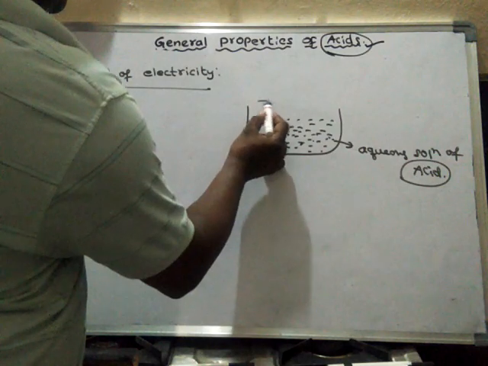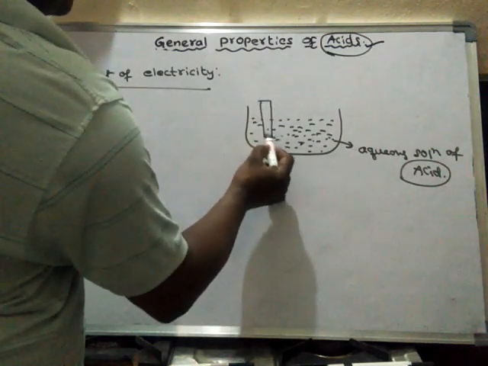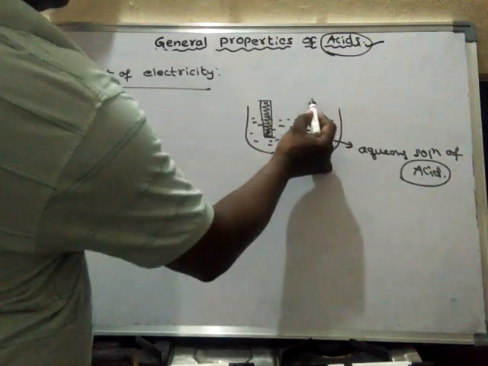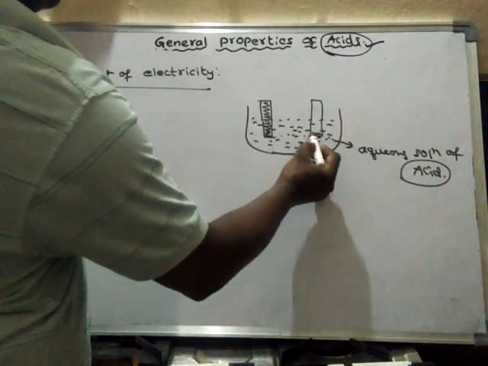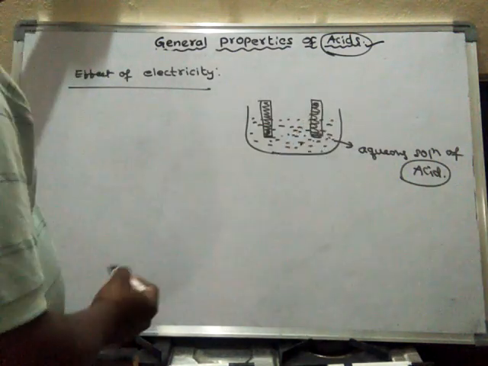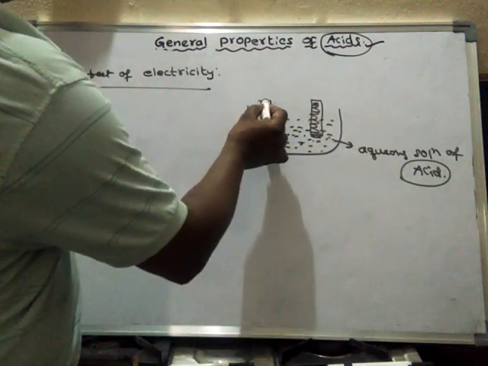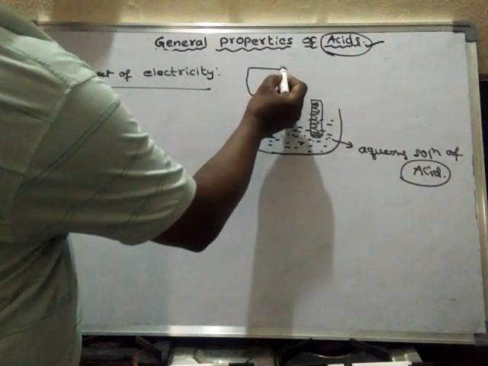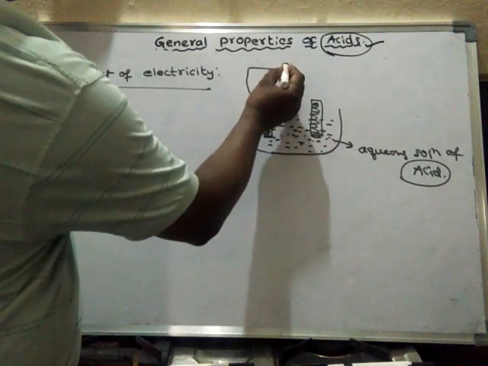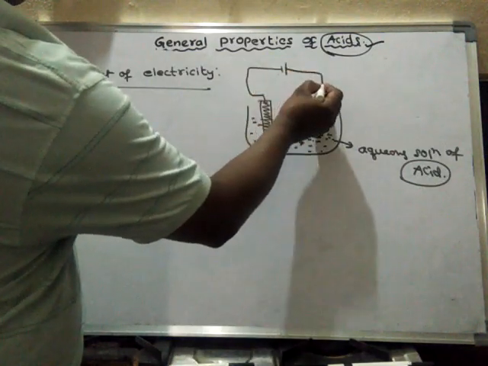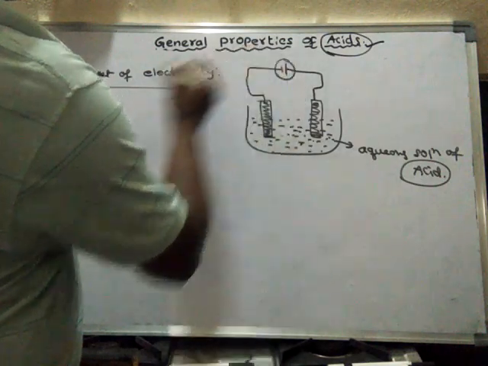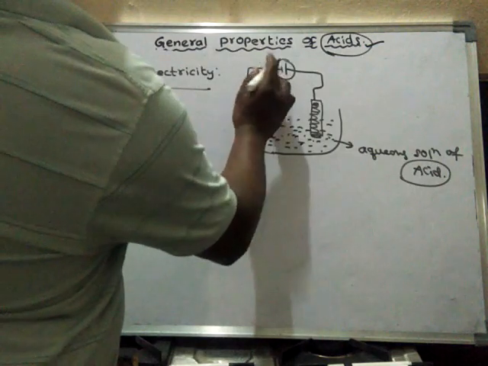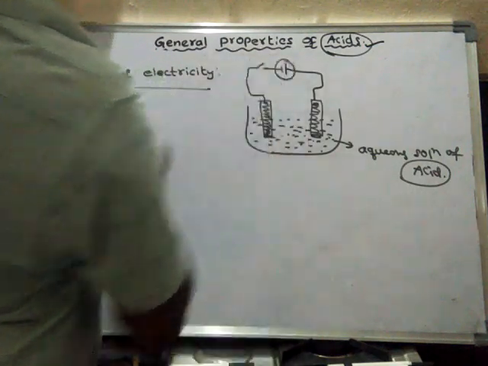Suppose this is a metal rod, or else a graphite rod, and this is another graphite rod. These two graphite rods are connected to a battery externally, and this is a switch.